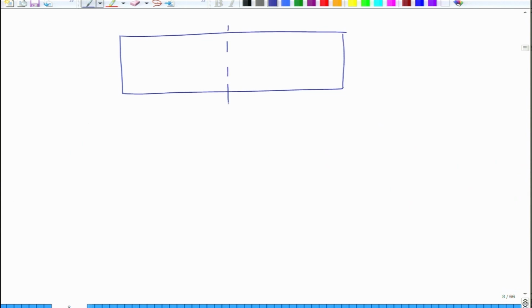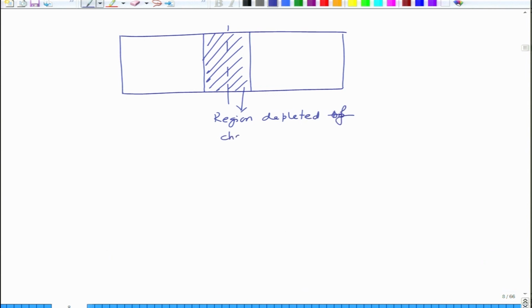So, this is the interface. You create this region which is depleted of charges. So, this is called as depletion region.